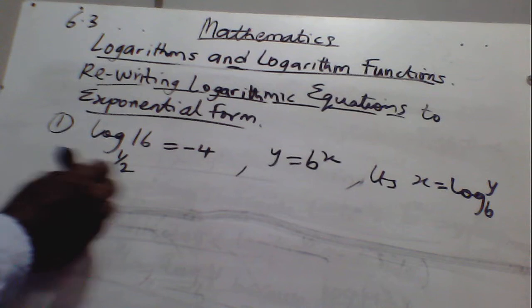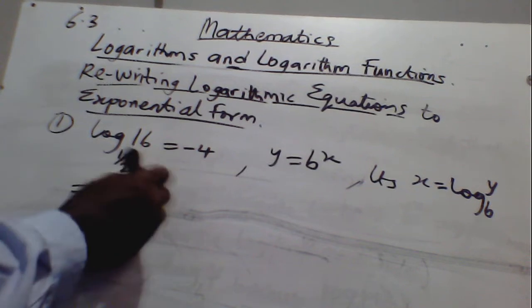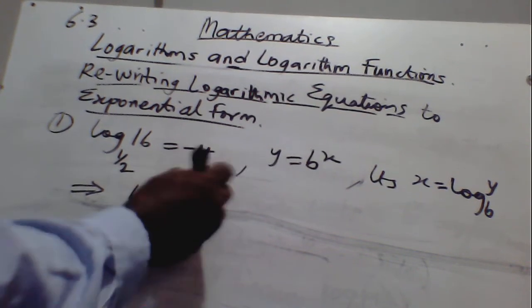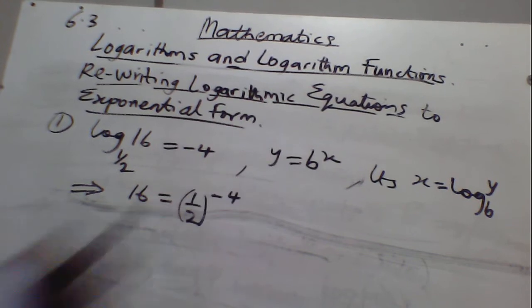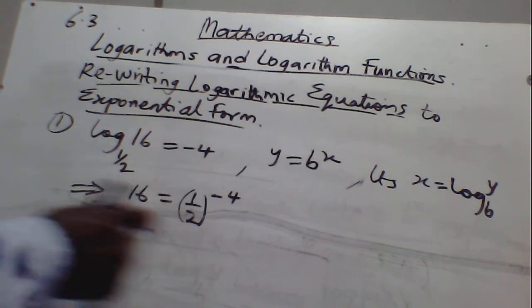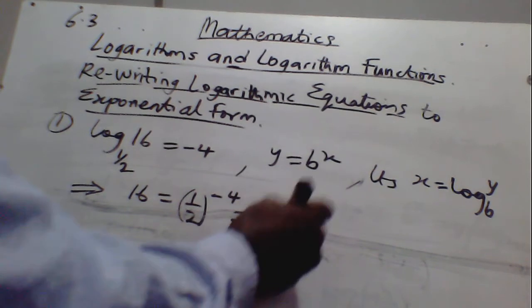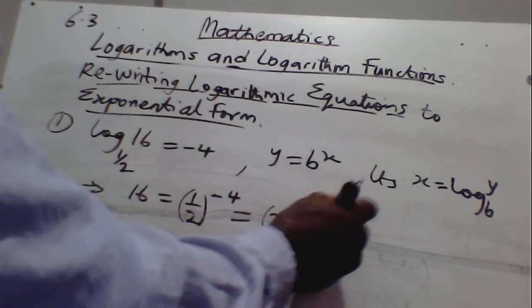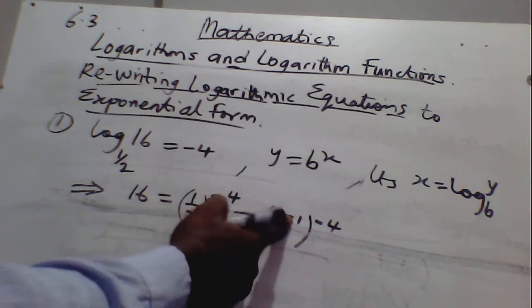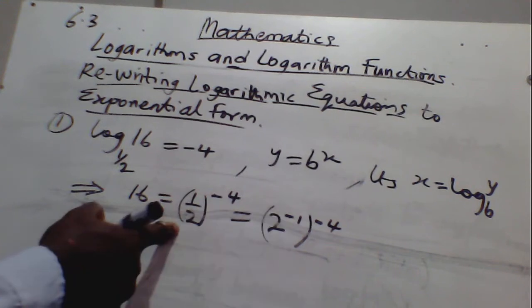So this implies 16 is equal to (1 over 2) to the exponent of minus 4. So this is the first step you have to follow. The next is to simplify this. 1 over 2 is the same as 2 raised to the power minus 1. You know that 2 raised to the exponent of minus 1 will give us half.